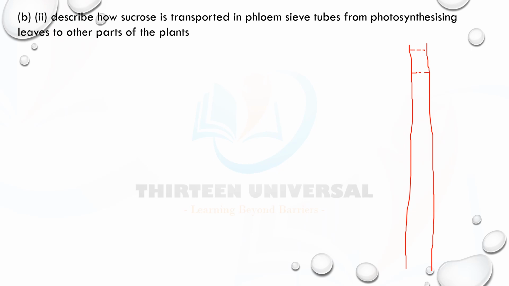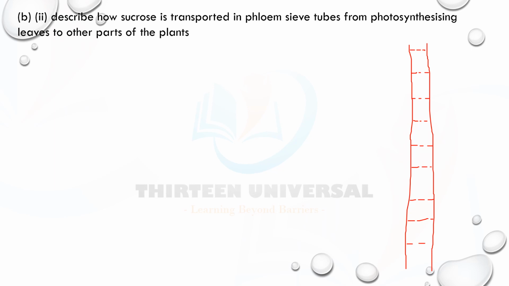These sieve tube elements have perforated end walls called sieve plates. You see how many of them are joined end to end to form this longitudinal tube called a phloem vessel or phloem tube. This supplies assimilates like sucrose, amino acids, hormones and ions from the source to the sink.